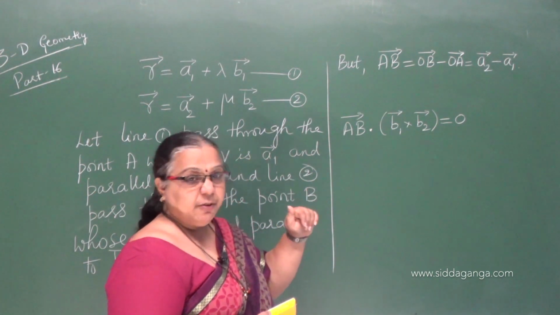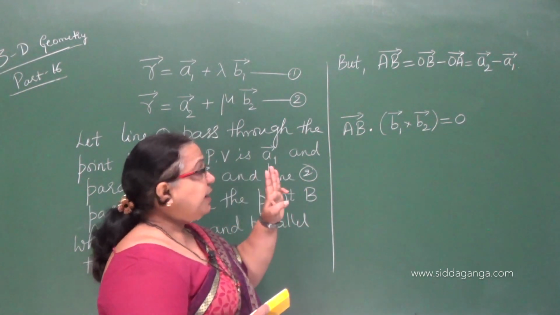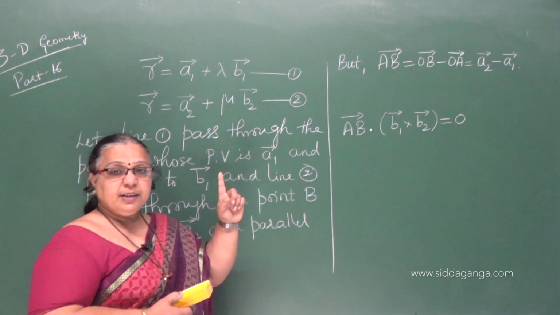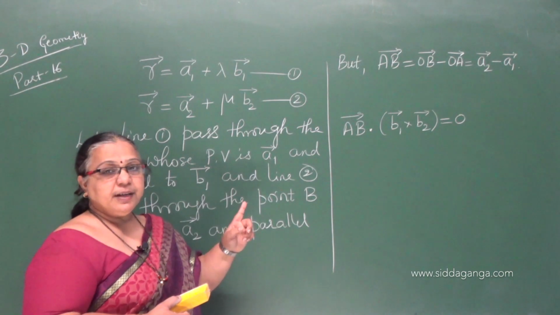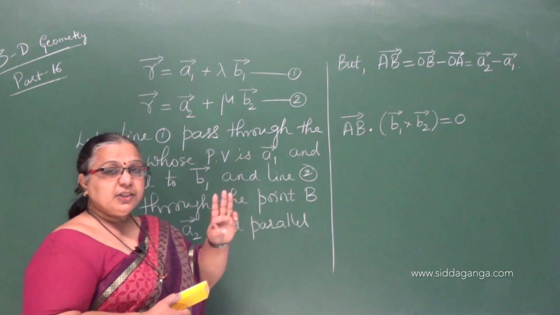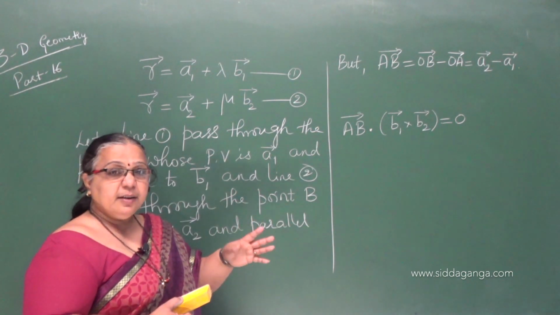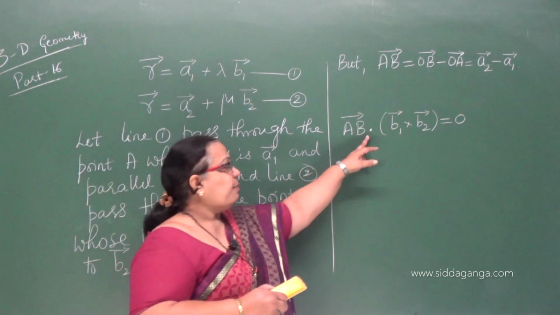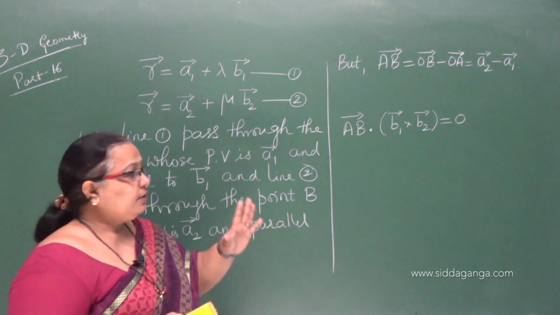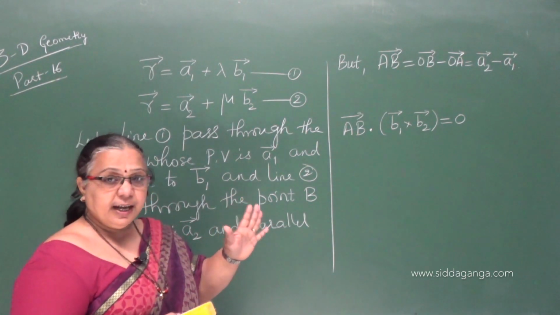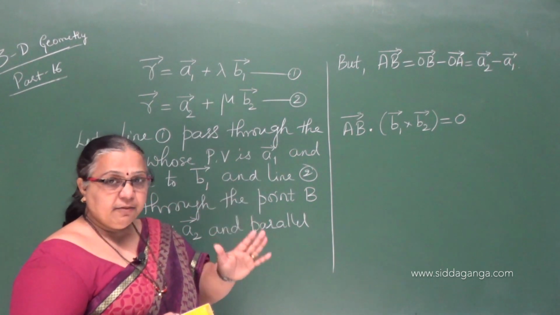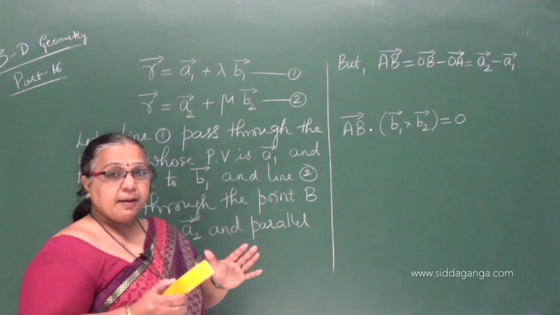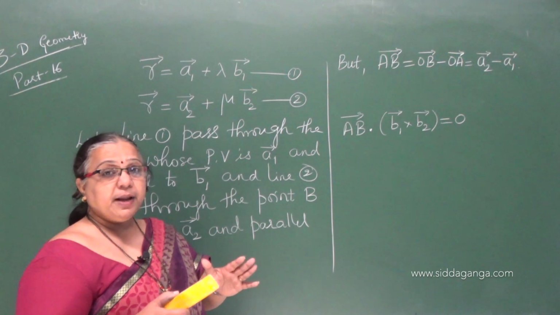We can say it that way also. The three vectors, vector AB, b1 vector and b2 vector, we can take as three vectors and say it, or say it on this concept as well. The three vectors, vector AB, b1 vector and b2 vector, lie in the same plane, means coplanar.